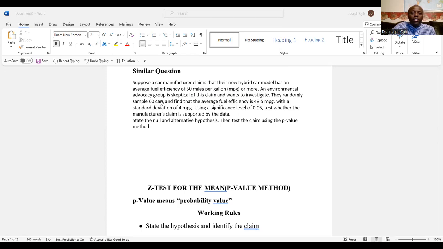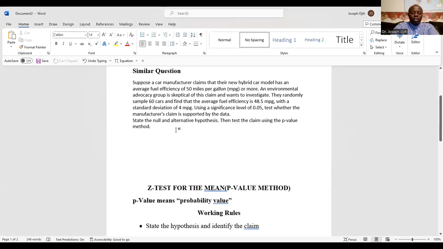They randomly selected 60 cars and found that the average fuel efficiency is 48.5 miles per gallon with a standard deviation of 4 miles per gallon. Use a significance level of 0.05 to test whether the manufacturer's claim is supported by the data. State the null and alternative hypotheses, then test the claim using the p-value method.